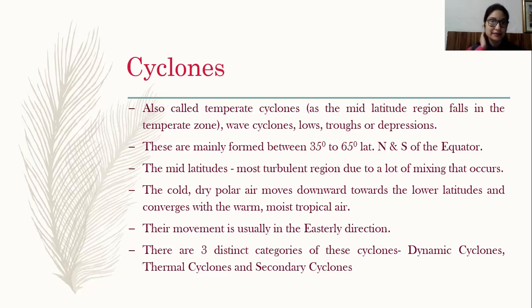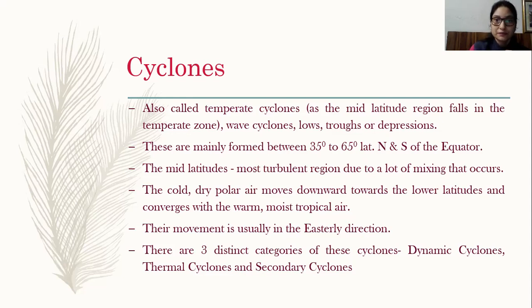Similarly, the air mass that is coming from the warmer climate, that is the tropical climate, will have a warmer characteristic or a warm tendency, and it will have a higher temperature, okay.